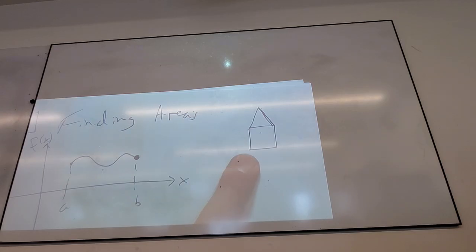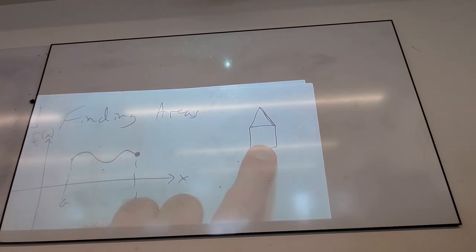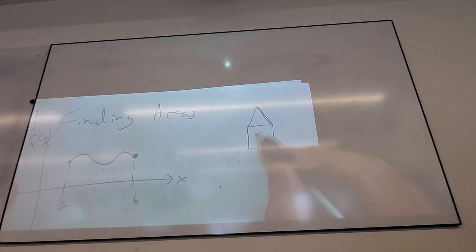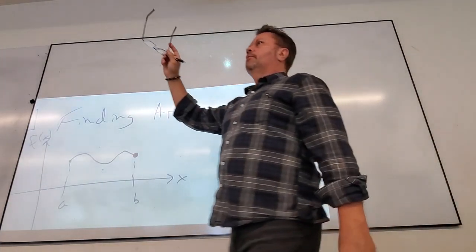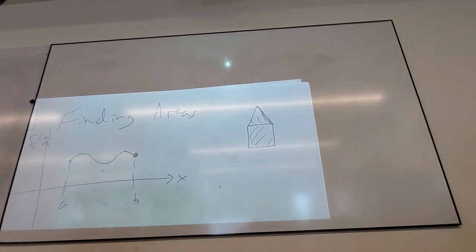This could be like a crayon nub. There is no crayon nub formula that I know of. But couldn't I just find the area of the square and the area of the triangle and add them together? Okay. So if I can break down the area I've got into shapes that I know the area formula for, then I can find the area.